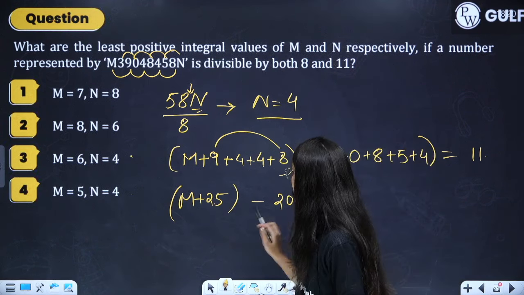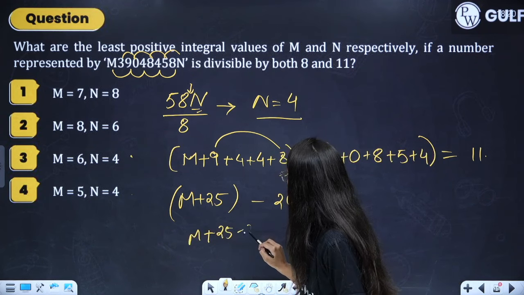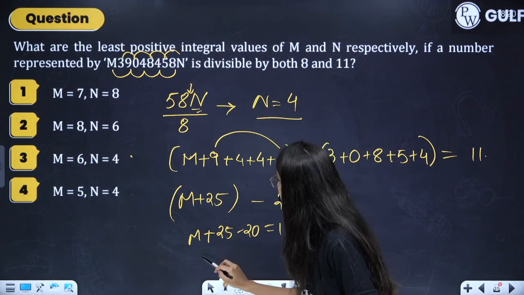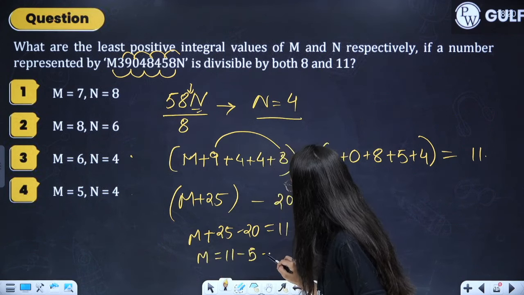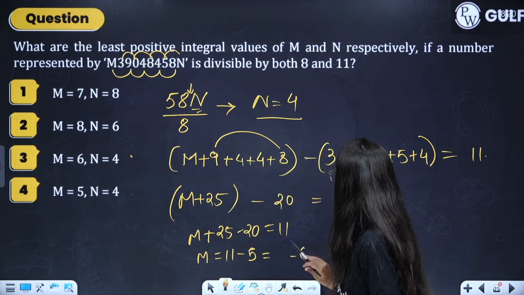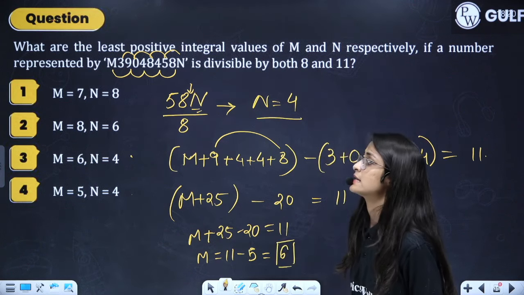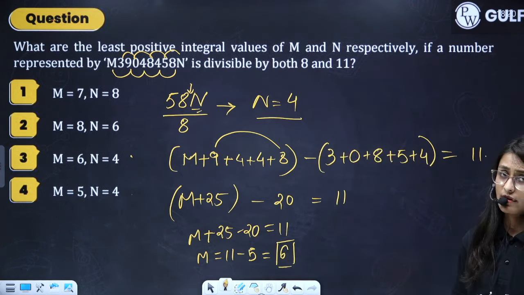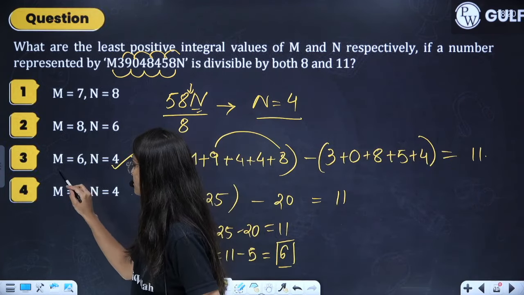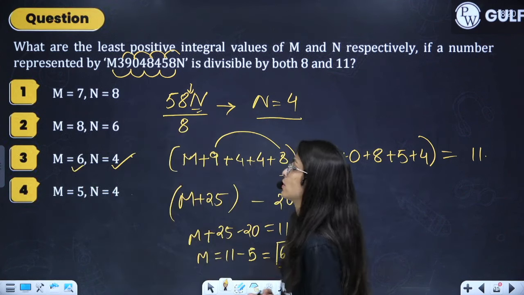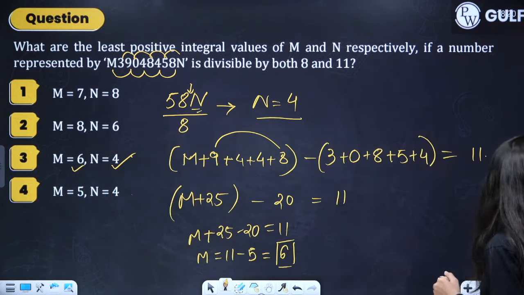So here I am getting m plus 25 minus 20 equals 11, which gives me m equals 11 minus 5, which is 6. So I've got the value of n as 4 and m equals 6. So it properly matches with our option 6 and 4.